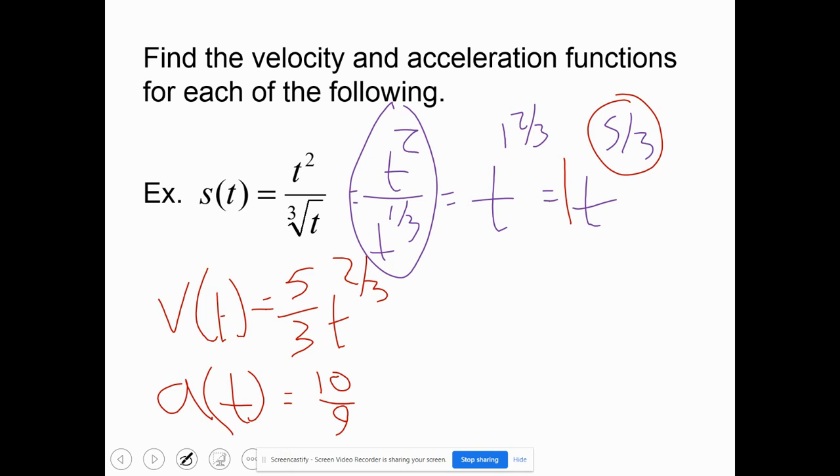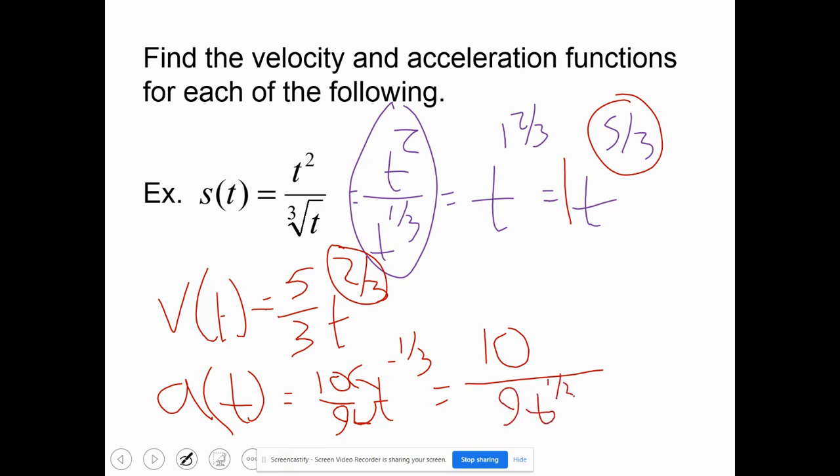When I subtract 1 from 2/3, I get t to the negative 1/3. And when I rewrite this, I don't write it as two fractions. Either the t is with the top, or to make it positive, I move it down to the bottom. So I've got 10/9 t to the 1/3. Then I only have to work with one fraction.